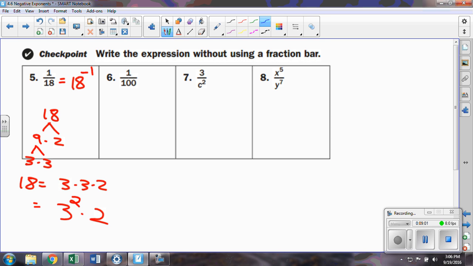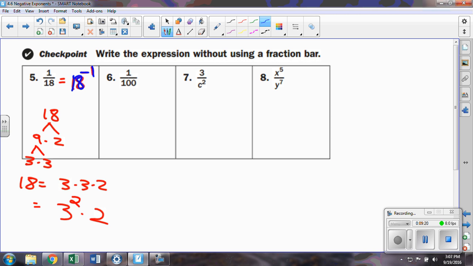With this exponent, there's another way that we can write this out. Writing down 18 to the negative 1 is correct. There's nothing mathematically wrong with writing that out. However, when we get our factored form like this, we could actually rewrite this.